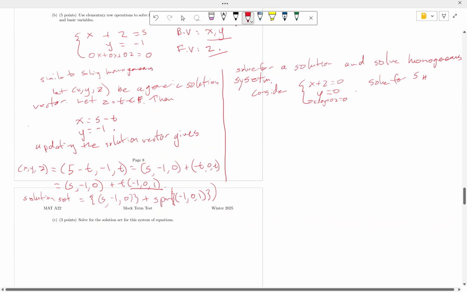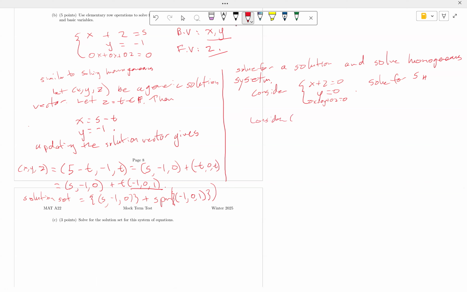And now when we're solving for SH, we consider x, y, z. Let z equal t, an element of the reals. Then x equals minus t, y equals 0.